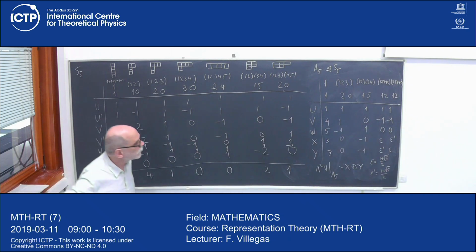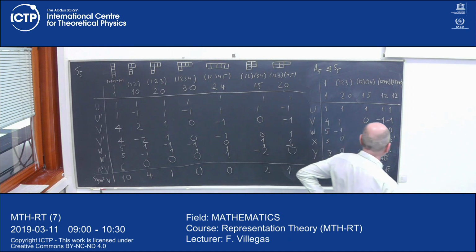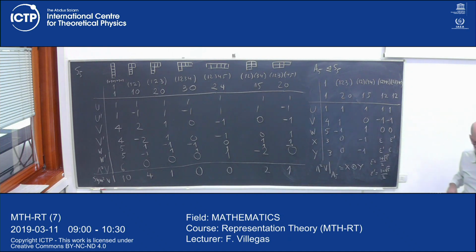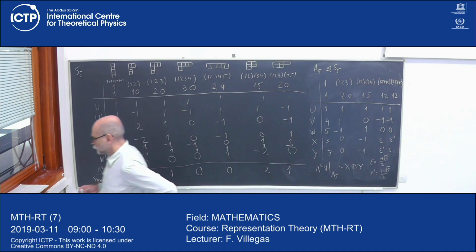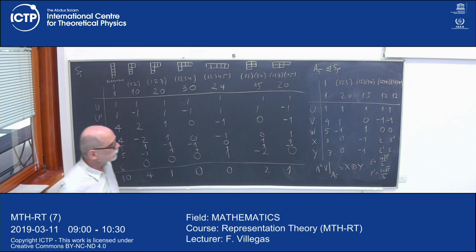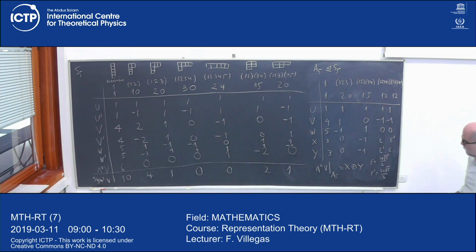So we see an example now of a non-abelian group where the character values of some of the representations are not necessarily rational numbers. They always have to be algebraic integers, as we discussed, and in fact they are in some cyclotomic extension. In this case, these numbers live in the field where you join the fifth roots of unity.